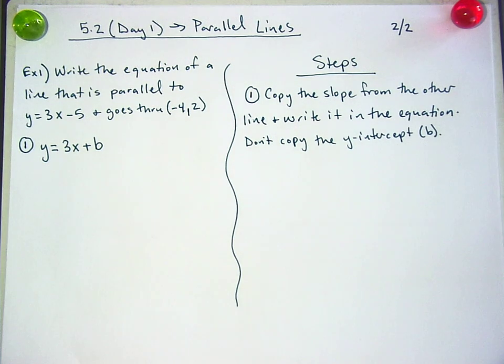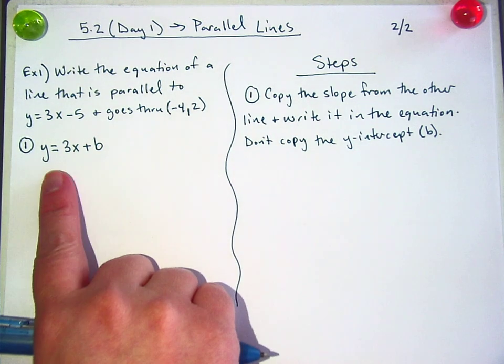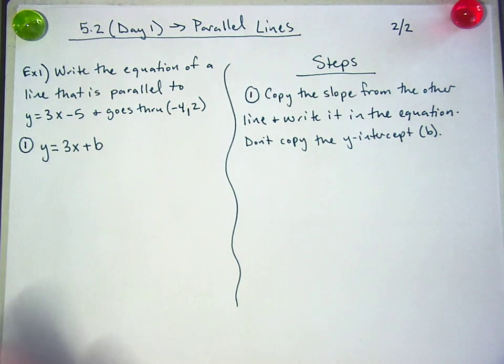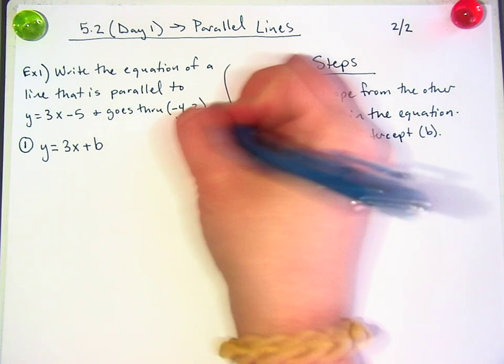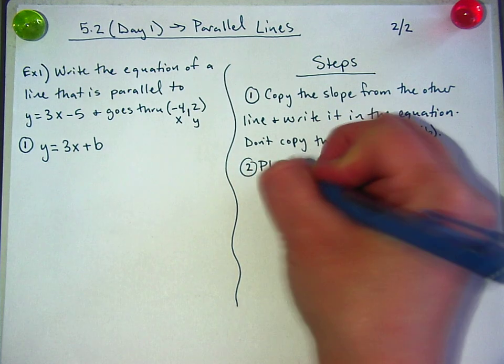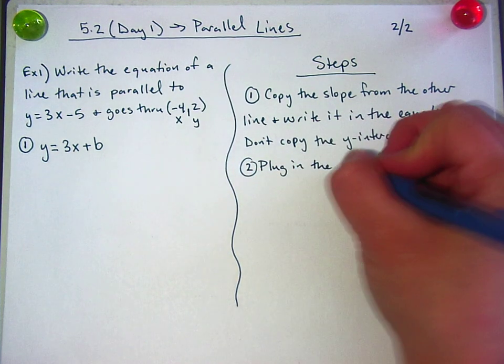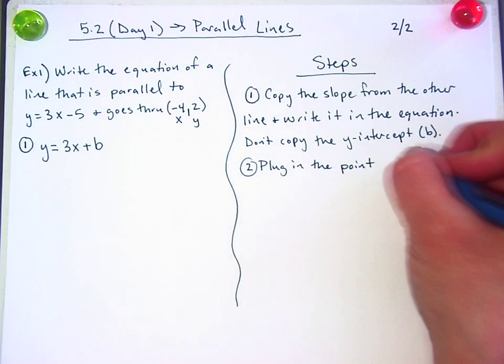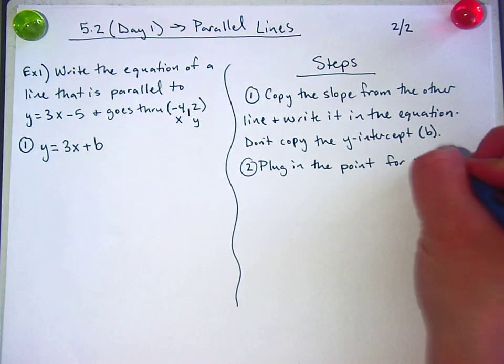Now what do you think we should do? Who's got an idea? Solve for b. Well, I think we should solve for b, but we don't have enough things in here to be able to do that. That's more like step 3. Plug this point in. Okay, my second step, plug in the point for x and y.